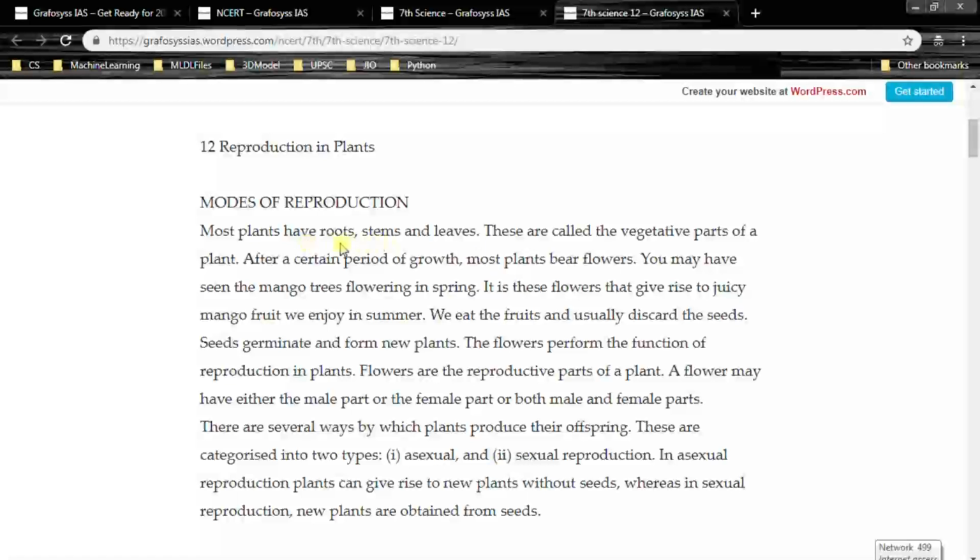Most plants have roots, stems and leaves, right? And these three are vegetative parts: roots, stems and leaves. So after some period they bear flowers, almost all plants.